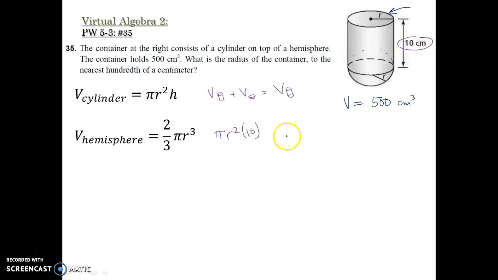So times 10, that's the volume of the cylinder, plus the volume of the hemisphere, which is 2/3 pi r cubed, equals the volume of the whole thing, which they told us is 500 cubic centimeters.